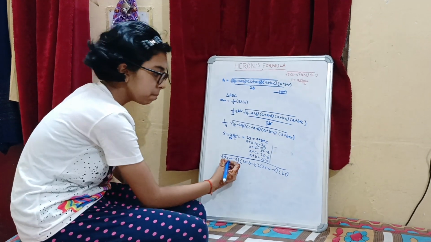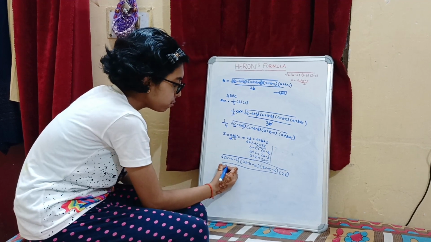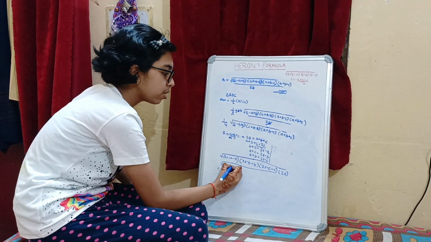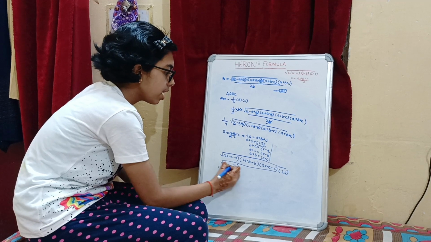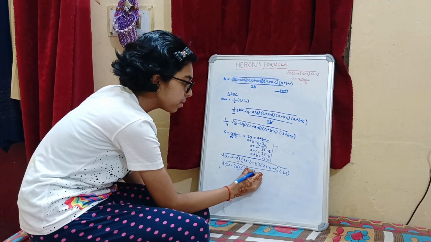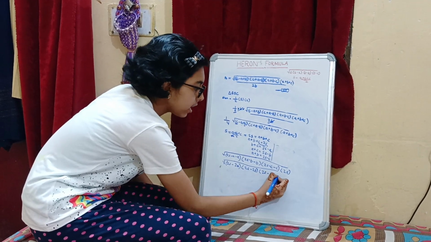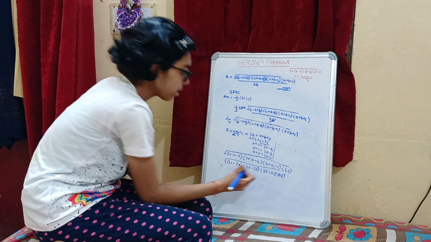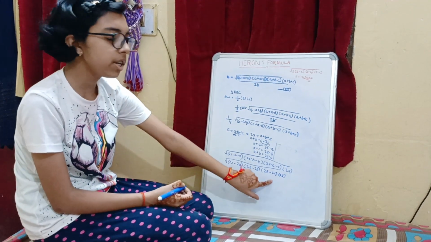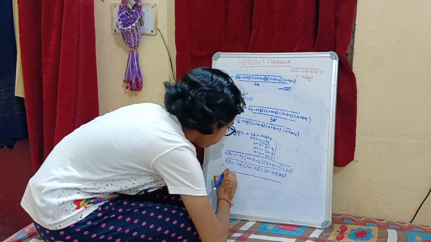Now under root, 2s minus a and minus a is 2s minus 2a in bracket, 2s minus 2b, 2s minus 2c and 2s. Now as you can see, in every case there is 2 in common, so we will make it common.